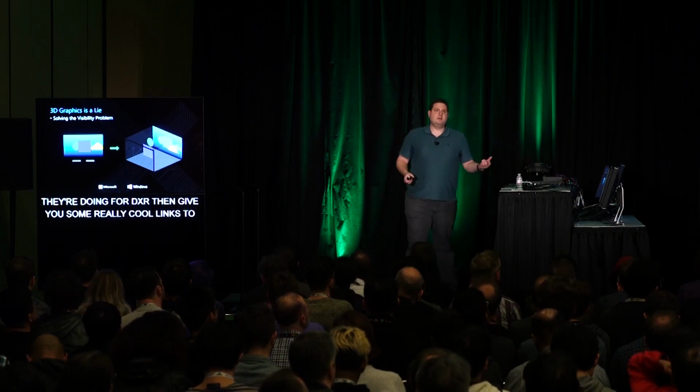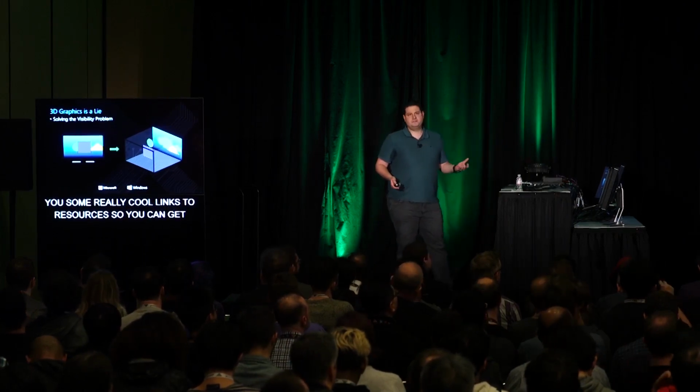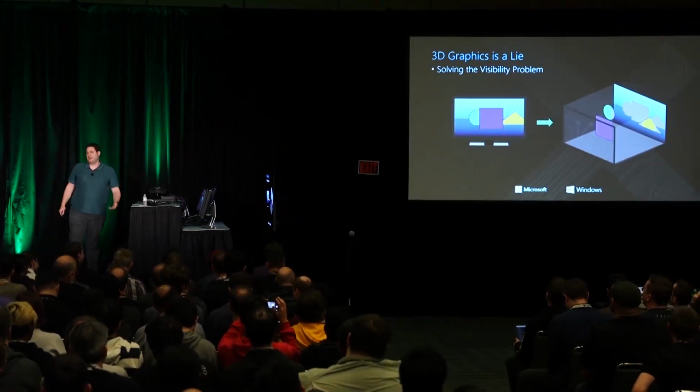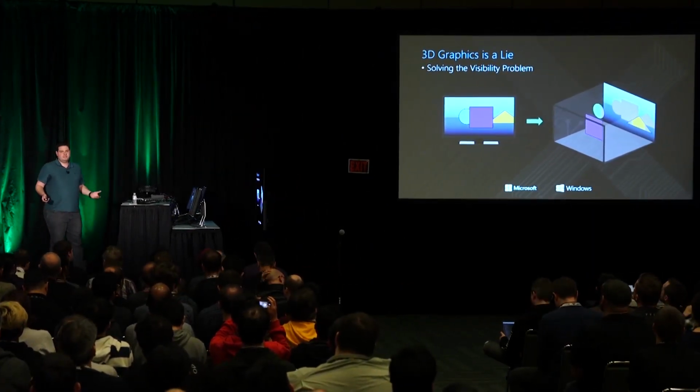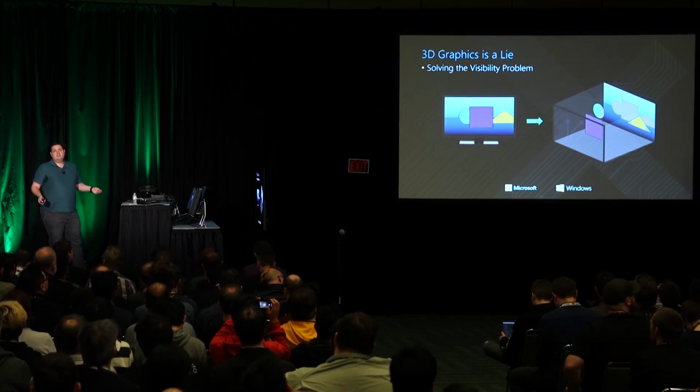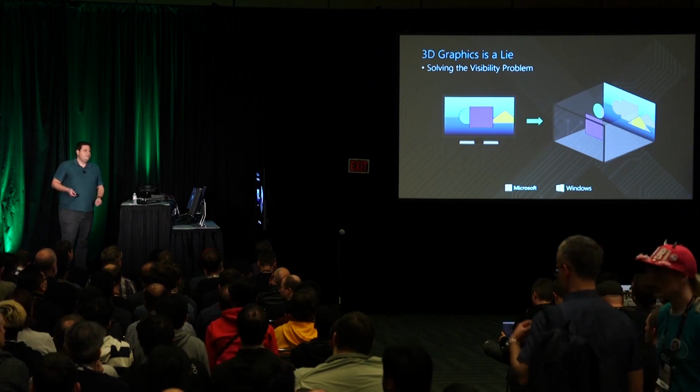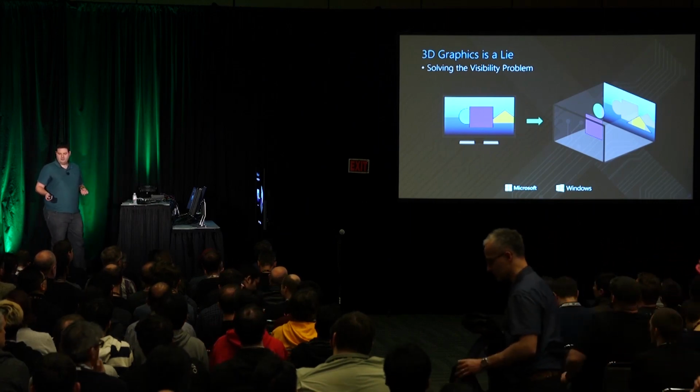So first, let's talk about ray tracing. For 30 years, pretty much almost all games use the same basic technique for rendering content to the screen, and that's rasterization. Rasterization is an embarrassingly parallel problem. It's a very efficient way for solving the visibility problem, but it has its problems.